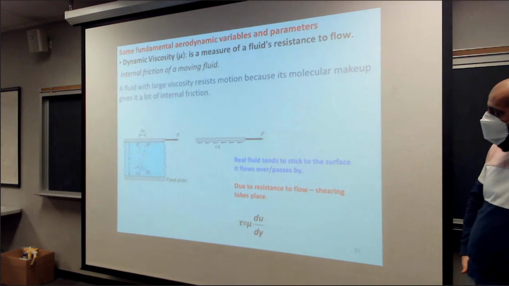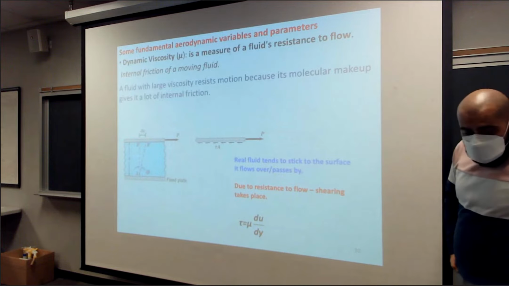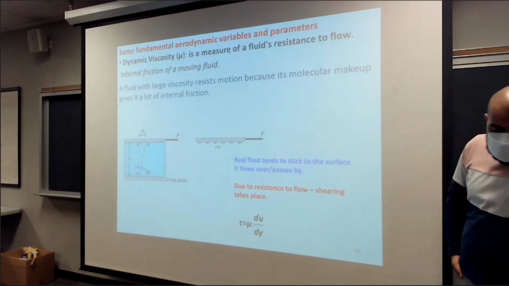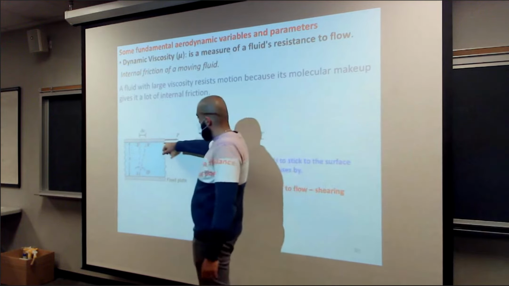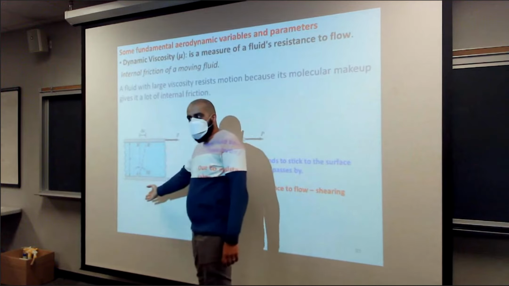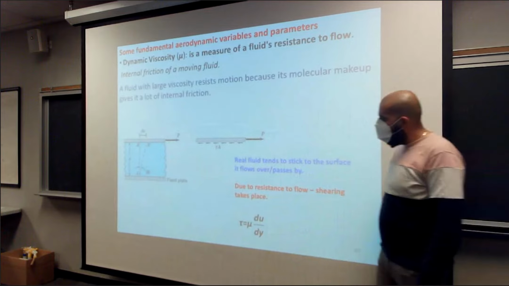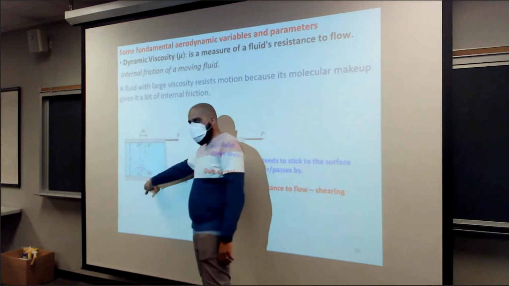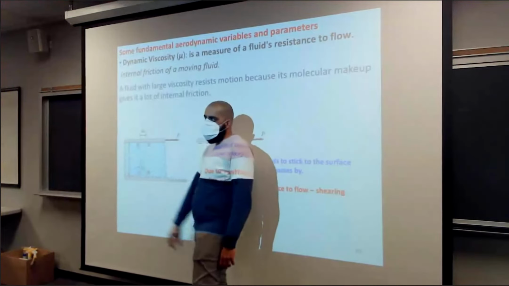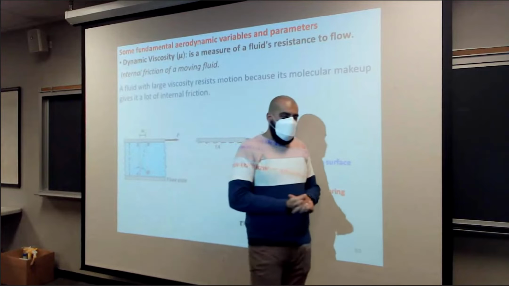Okay. But how can we calculate the shear stress near the wall when it comes to a moving liquid? Let's say you are applying this pressure to this top plate. The fluid is going to move inside with a different velocity. And if this plate is fixed, the velocity here is going to be 0. The velocity here is going to be maximum because the fluid molecules are going to stick to the walls, right?